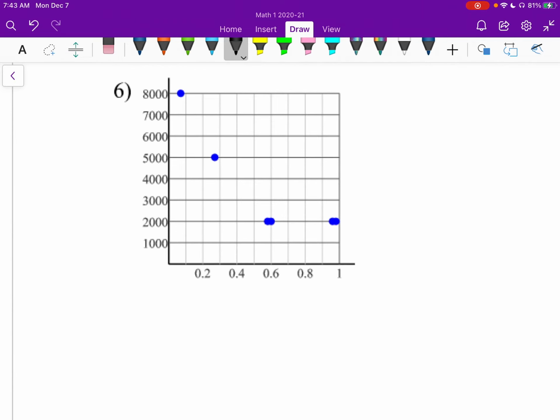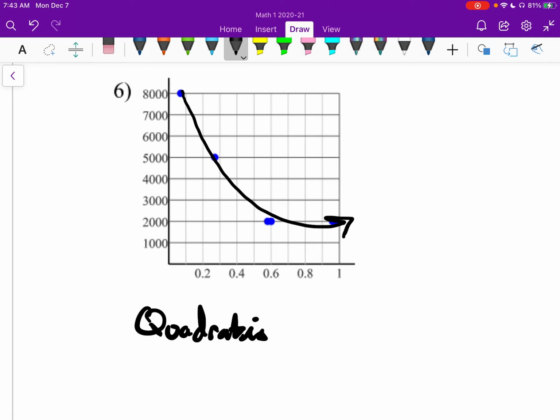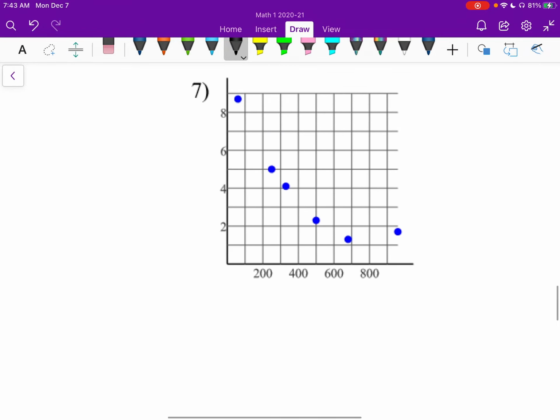Number 6. Again, we're going to be doing something like this, and it's going to be a quadratic. Number 7. Actually, you can see that it goes back up, so quadratic.